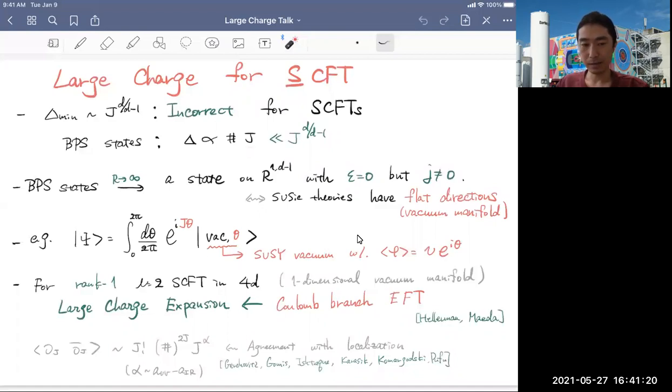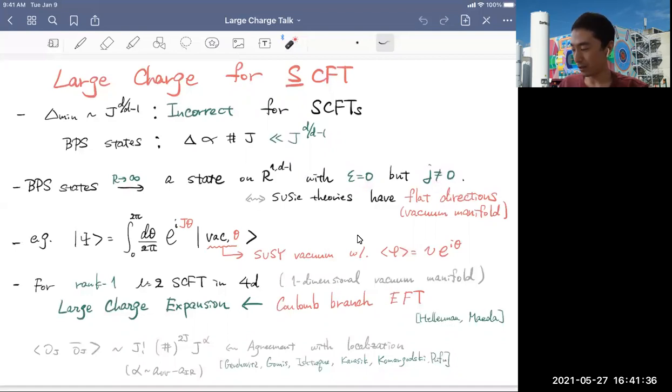And the basic reason why this scaling fails is very simple. If you consider a BPS state and then take the large R limit, then this should go to a state on flat space with zero energy but finite charge density.